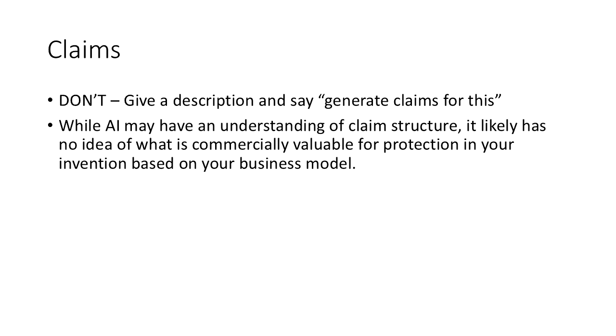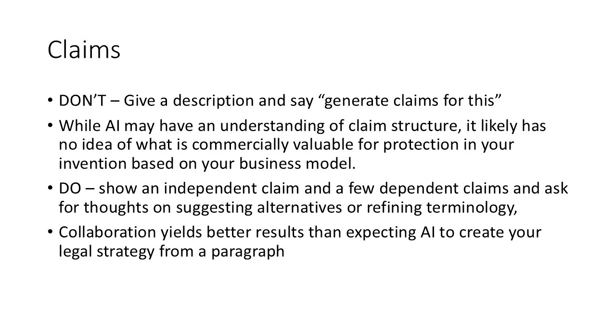Let's talk about using AI for claim drafting. First, don't just drop in a description and say, "Generate claims for this." While AI might understand the structure of a claim, it does not have any insight into what's commercially valuable or strategically important for your invention, especially in the context of your business model. Instead, show an independent claim and perhaps a few dependent claims and ask the AI to suggest alternatives, refine terminology, or explore some fallback positions.